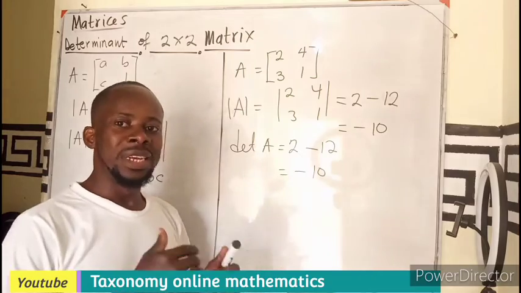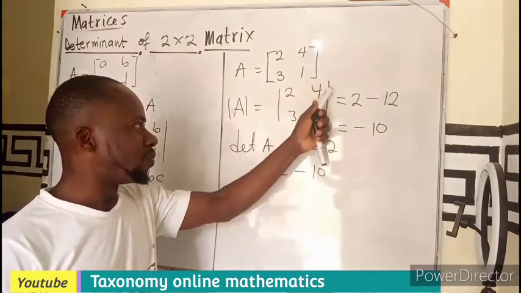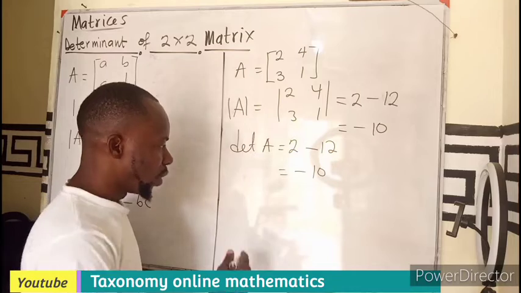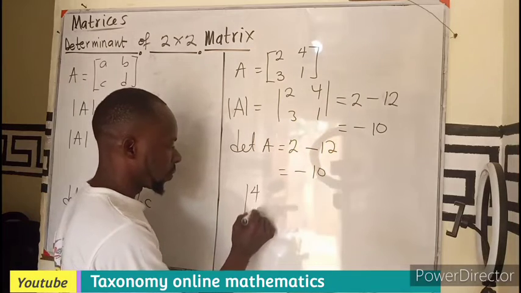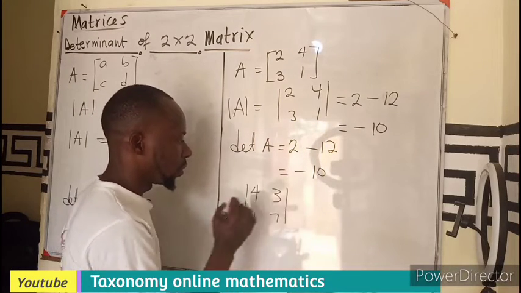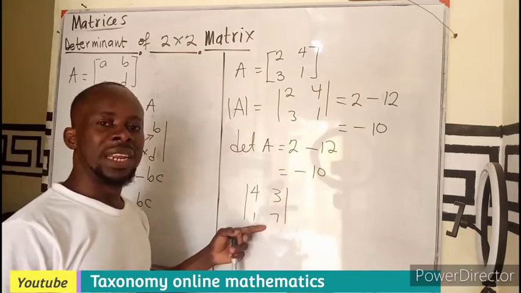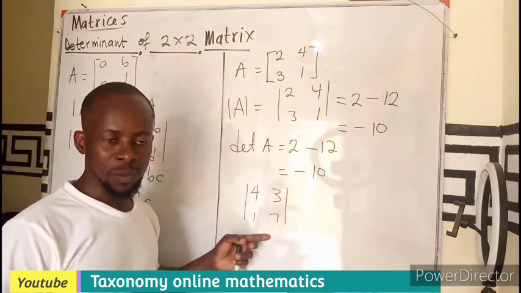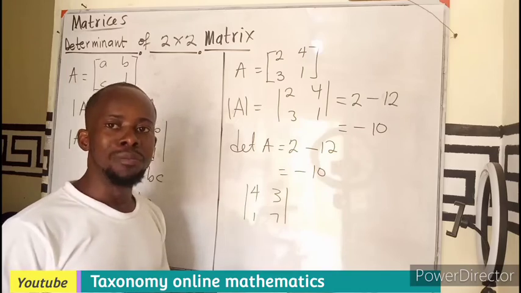It is only good to know what this means, because in some questions you will just see this. If you are seeing this, it means they are asking for the determinant of this 2 by 2 matrix.